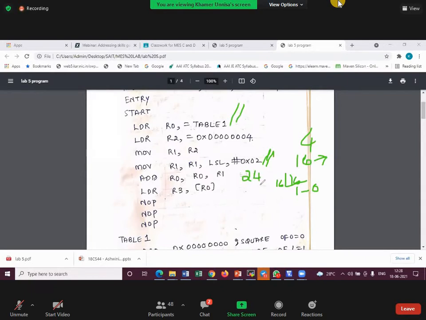Correct? Now what is the recent value of R1? 10. So adding both of them, both are in the hexa format, so I don't have to convert here. So 34. After adding these two, I am storing the answer in the R0 itself.